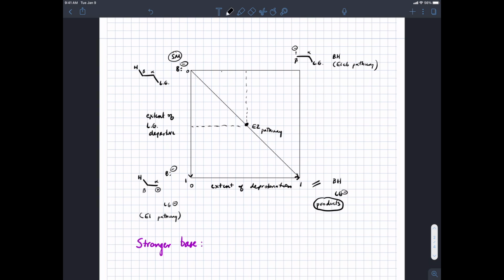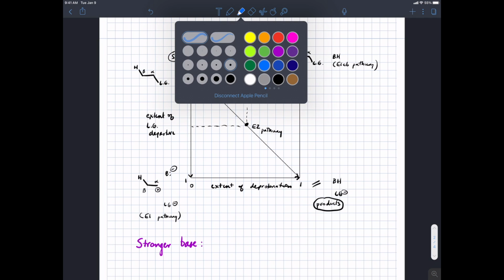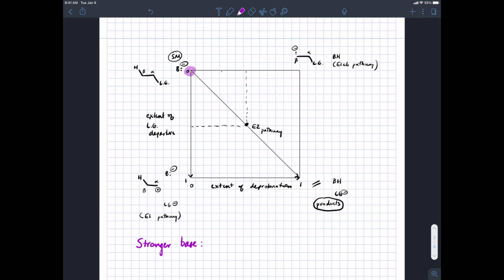Okay, lower, or so if the base gets stronger, is the base more or less stable? There you go. Yeah. So that would be raising the bottom left corner and the top left corner, because the base is there in both cases, right?